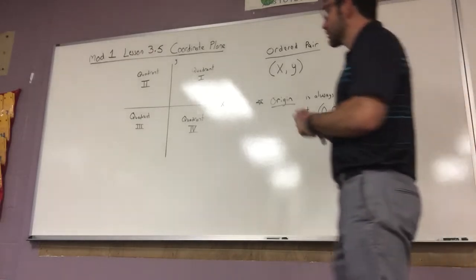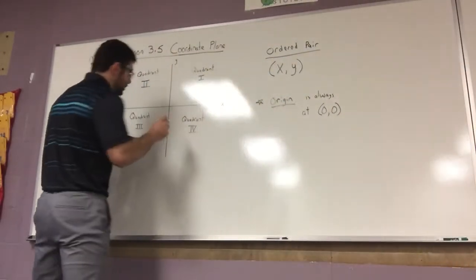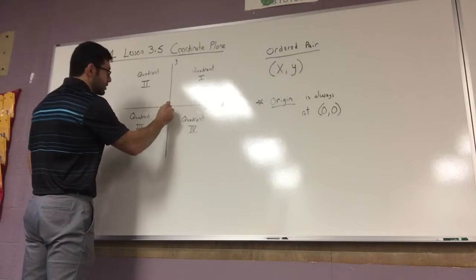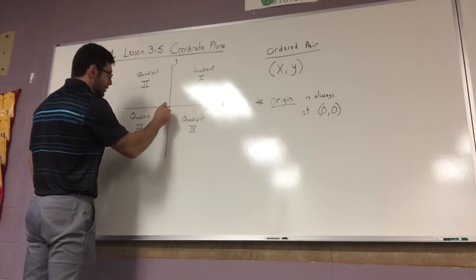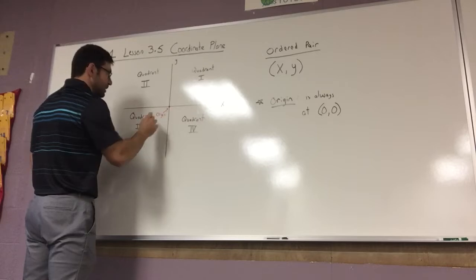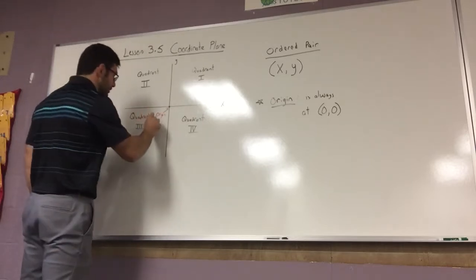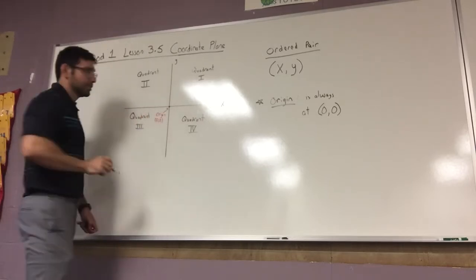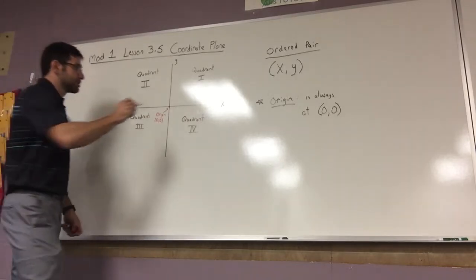The origin is where the 2 axes meet, and to label that, we just put a point. That is 0, 0.